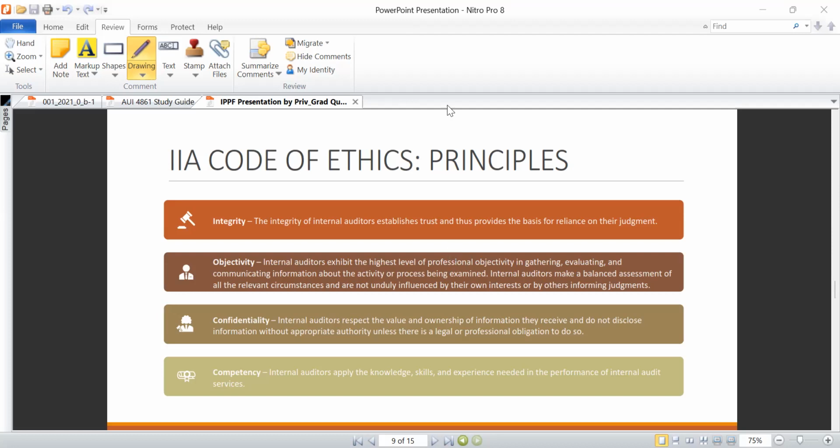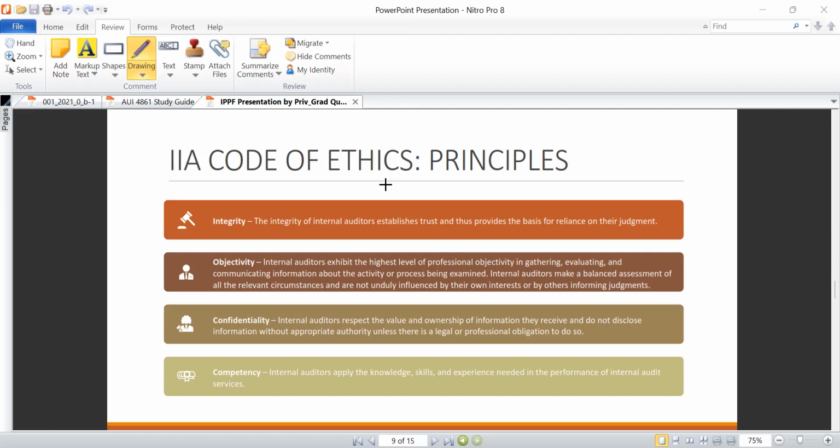Right. So, four important principles, gentlemen. I'm just going to quickly explain them. The first one is integrity, which is based on the establishment of trust and reliance on the professional judgment of the internal auditor.